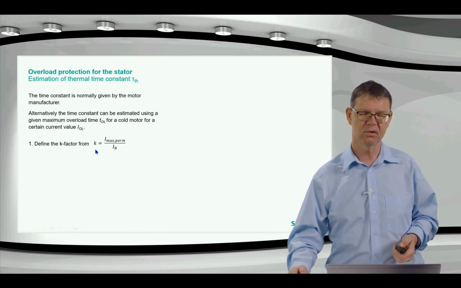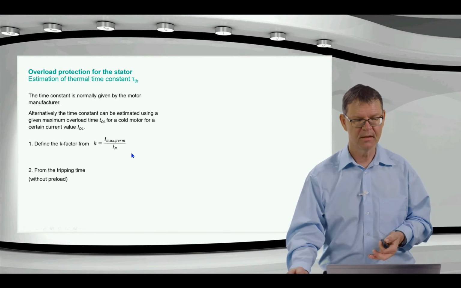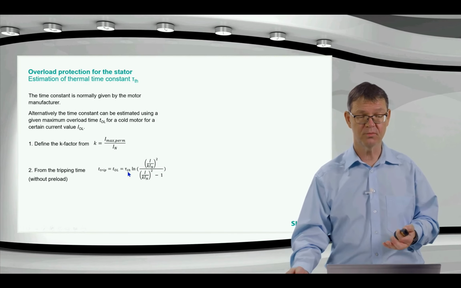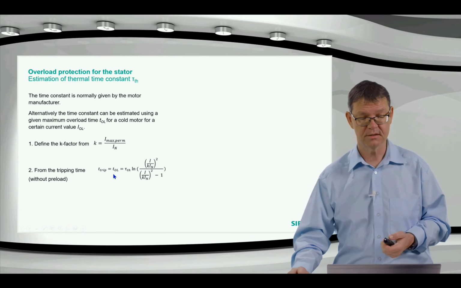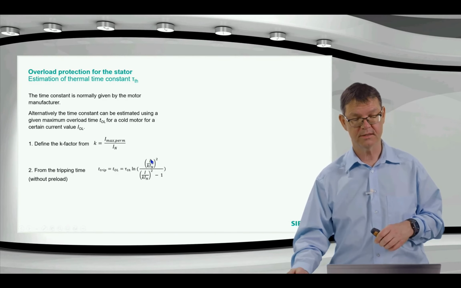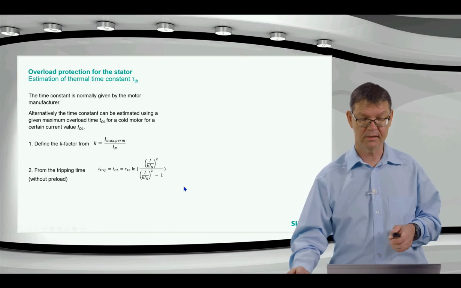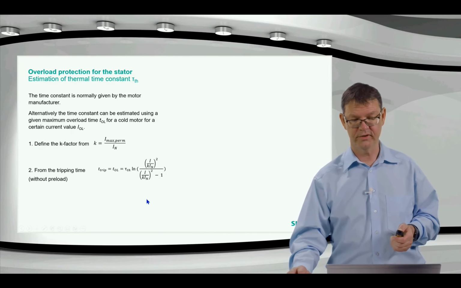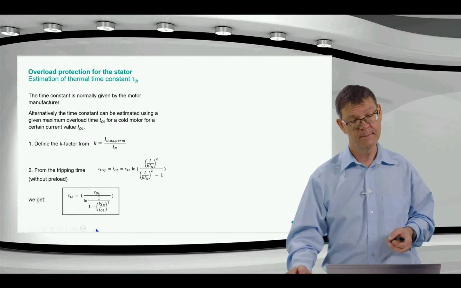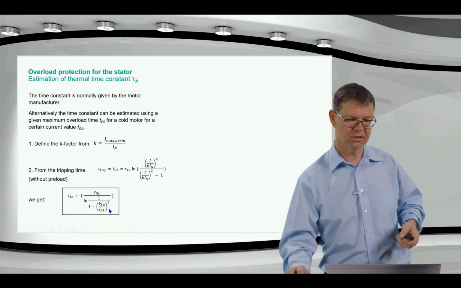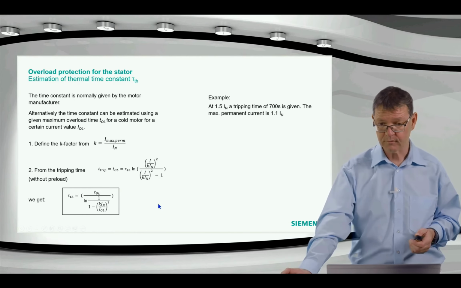It's the maximum permissible current forever divided by the nominal current. And from the tripping time without preload, I take this formula. Now I set in this TOL, the overload time, and here the current IOL. With that, solving that equation, I get the tau, the time constant. And you see it's also a formula with a logarithm in the denominator at the end.